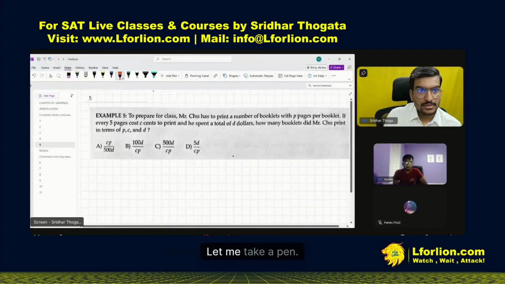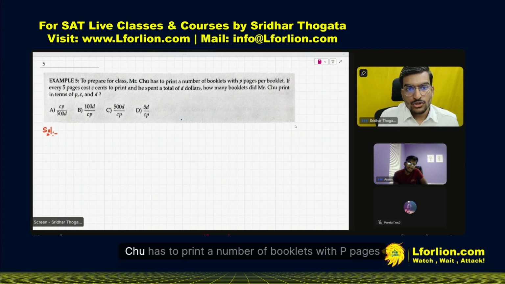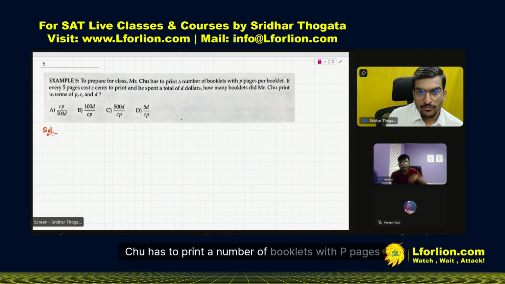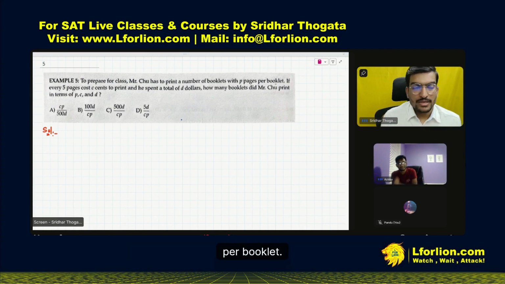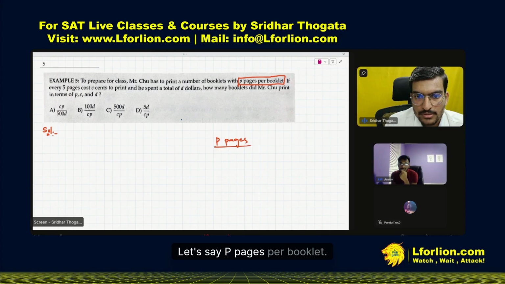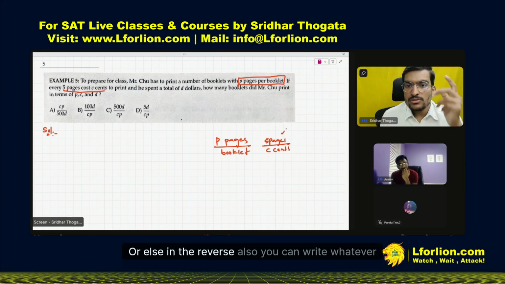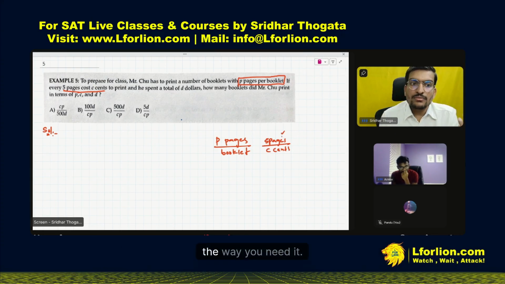Just a second, let me take a pen. Yeah. So to prepare for class, Mr. Chu has to print a number of booklets with P pages per booklet. What did he say? P pages per booklet. If every 5 pages cost C cents, 5 pages cost C cents, or else in the reverse also you can write it whichever way you need.